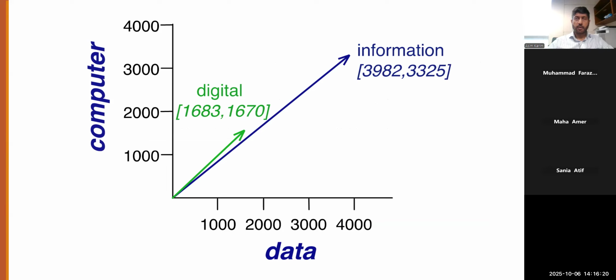Remember, the feature space would be the entire vocabulary, but only two features are shown, data I think on the x-axis and computer on the y-axis. So these are two points. Digital is one point, information is another point, and their values for data and for computer are given. Of course, data and computer are just two features shown in 2D space. Of course the space would be as big as the vocabulary size. But if you are able to visualize such a space, the vectors for digital and information will be like these vectors, points in this space, and that's what we meant by embeddings. These are embeddings, so words are embedded in space. Okay, so any questions?